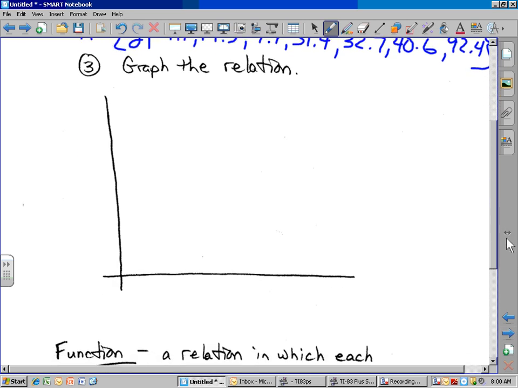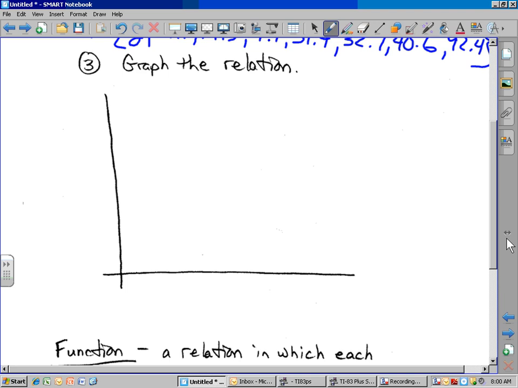Okay, let's graph. How do we graph? I forget. You guys all forget too?